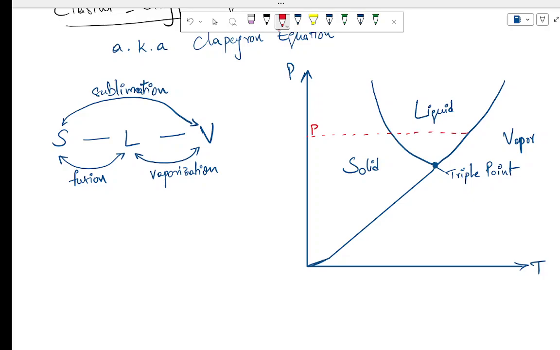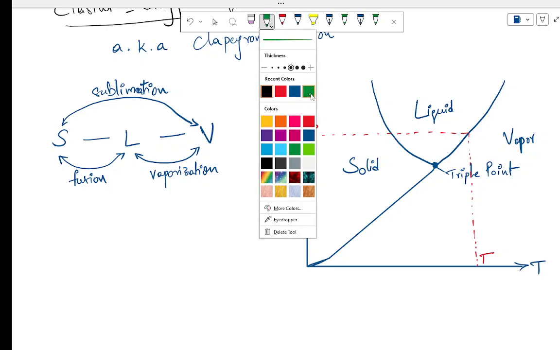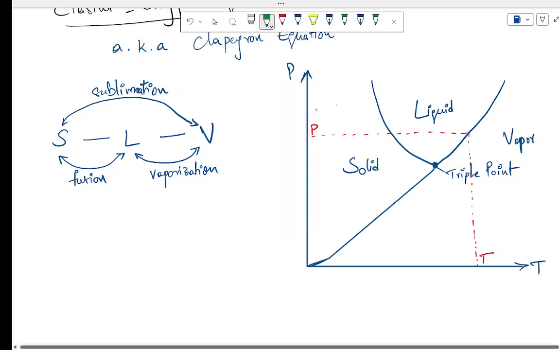This is my point P, and correspondingly I will have one more point on my x-axis, which is T. Also, for a differential change here, I am considering one more point, that is P plus dP.